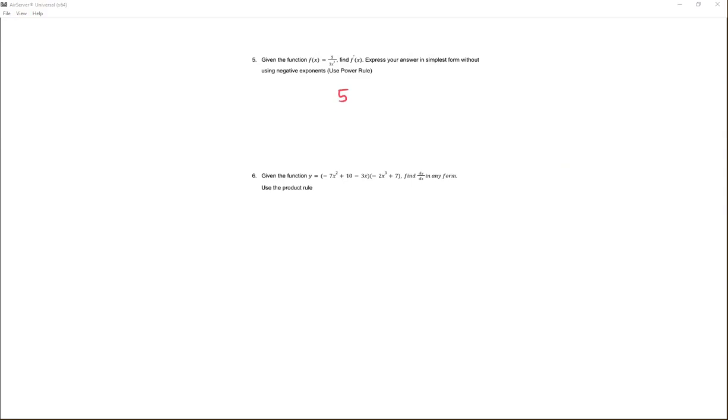It's 5 over 3, and then x to the negative 2 power, correct? Yes. So we multiply -2 times 5/3, which is -10/3, and then we take away another power.